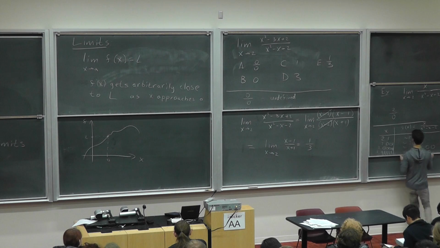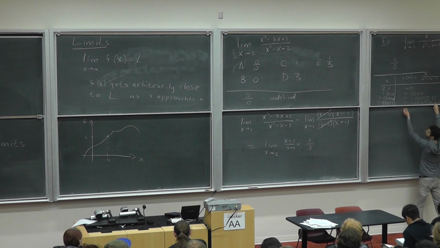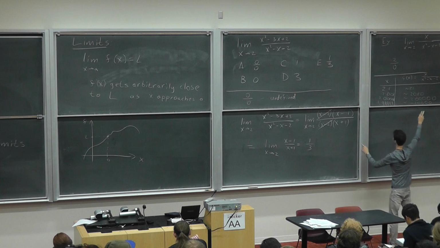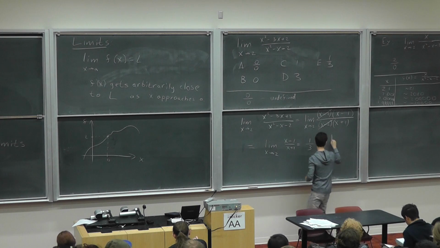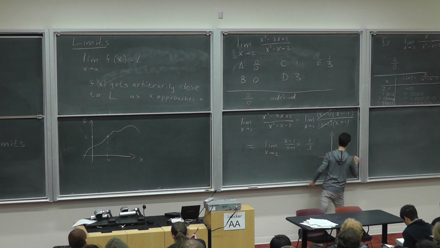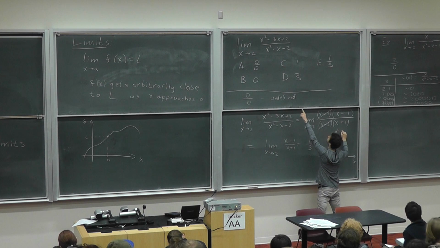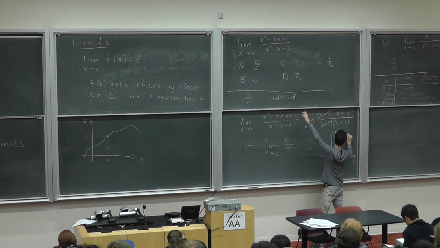Let's also look at the picture. I'll compare the picture for this function with the picture for this function. So, sketch graph. This one will be for the function x squared minus 3x plus 2 divided by x squared minus x plus 2.